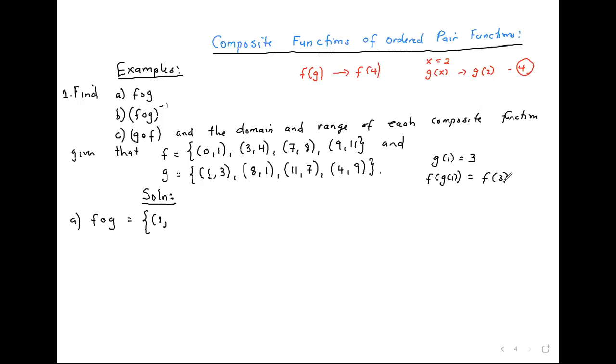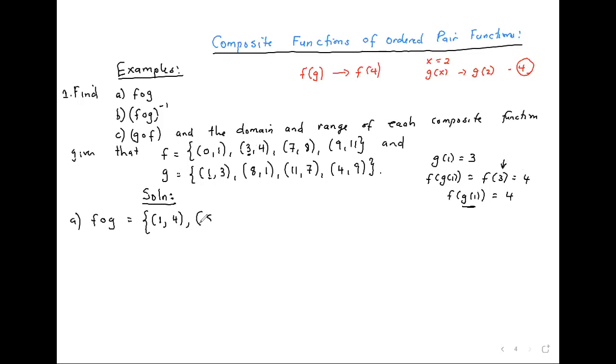So we go now to f and pick 3. It's giving us 4. So you put 4 here. So this means that f of g of 1 is equal to 4. So for you to get to 4, you first have to evaluate g of 1, get the number 3, then this 3 is what you take in f, and it has given us the number 4.